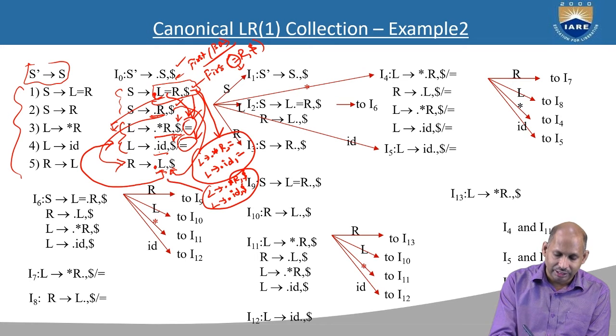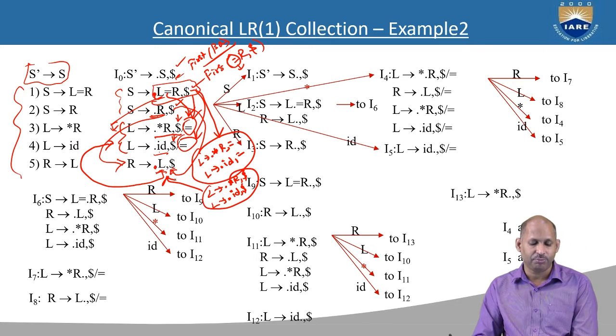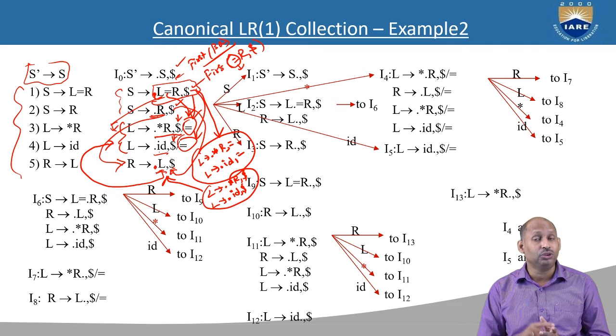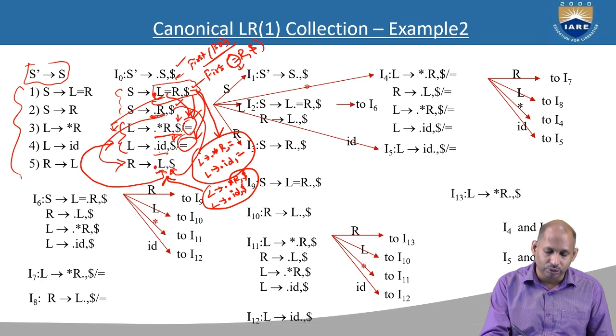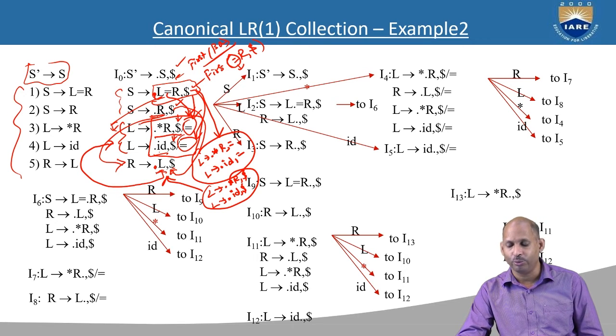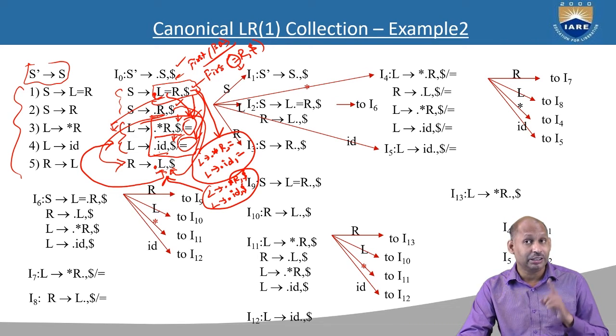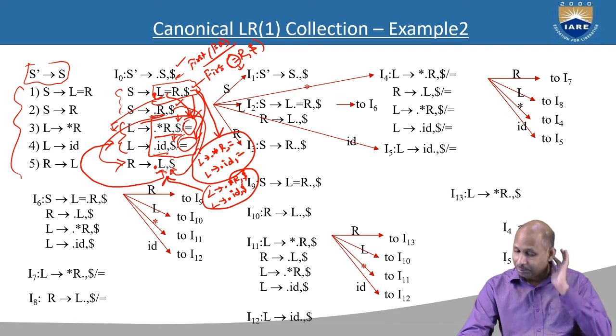This is obtained from this one. Since R gives dot L, we have to write L productions. For this one, the additional information is dollar sign. So combining both will result in this one. That is the reason it is dollar sign slash assignment operator.